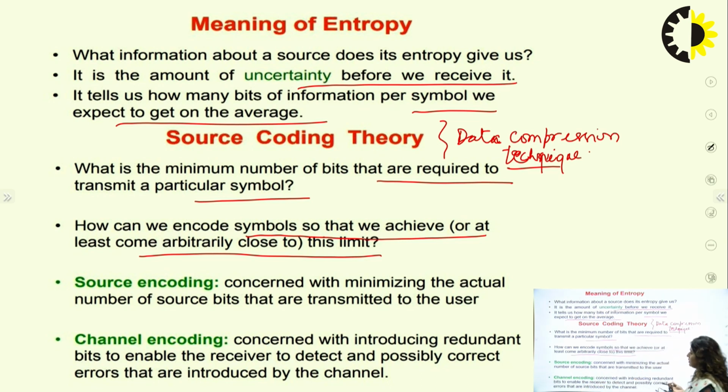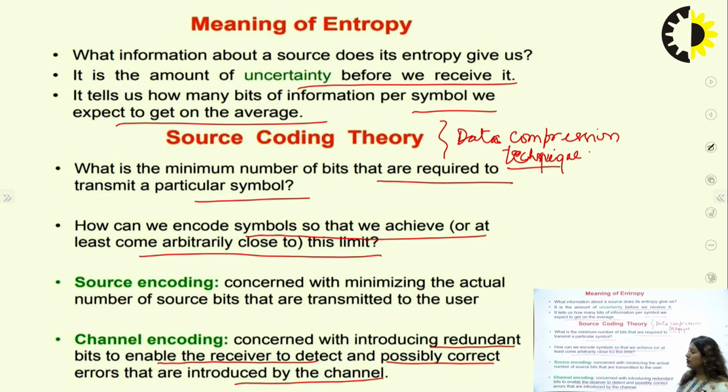There is another concept called channel encoding. It is concerned with introducing redundant bits to enable the receiver to detect and possibly correct errors introduced by the channel. In channel coding, we add some redundant bits at the transmitter side, and at the receiver side we use syndrome-type decoding methods, which we will see are useful for correction of errors in the data transmitted.